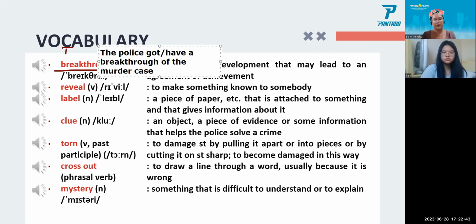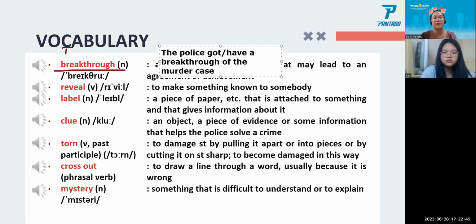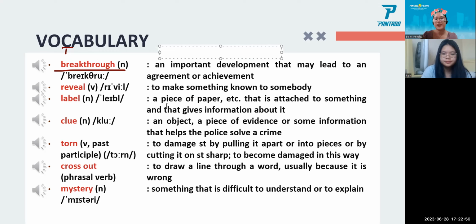The police got or the police have a breakthrough of the murder case. So that means the police know, for example, in the murder case, who the killer is. So they already got the big breakthrough. That means they know the killer, they solved the crime. That is their achievement. Now your turn, Hallie. Please use breakthrough in a sentence.